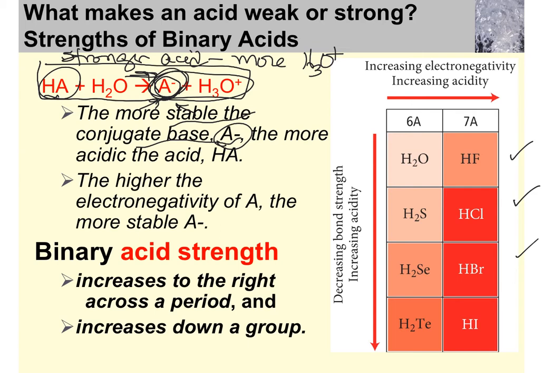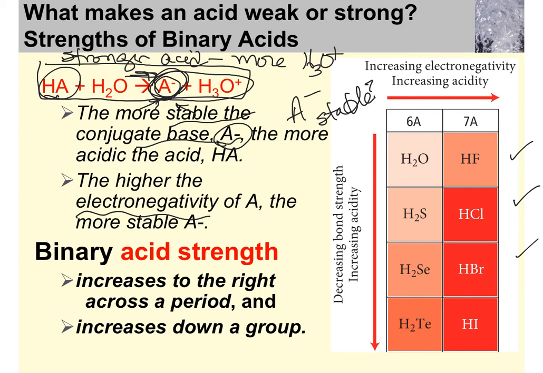So what makes A minus stable? Well, look at the structure of A minus. It's got excess negative charge, right? It's got excess electrons. So what makes it more stable is a higher electronegativity. What does electronegativity mean? It means that atom has a strong attraction for extra electrons.